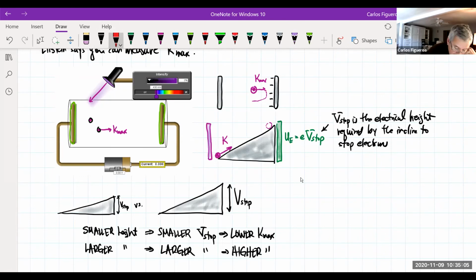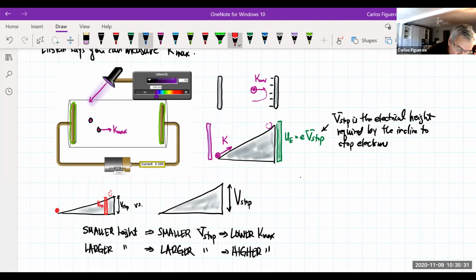So imagine that I have this red electron. How much kinetic energy do I need to get to the top of this ramp up here? Well, according to this, I need that amount of kinetic energy. I don't need that much kinetic energy to get up to there because I have a lower stopping voltage or lower height.